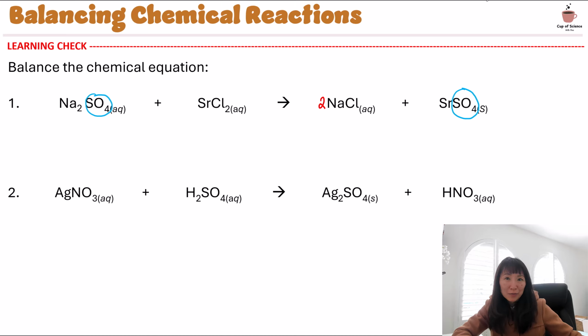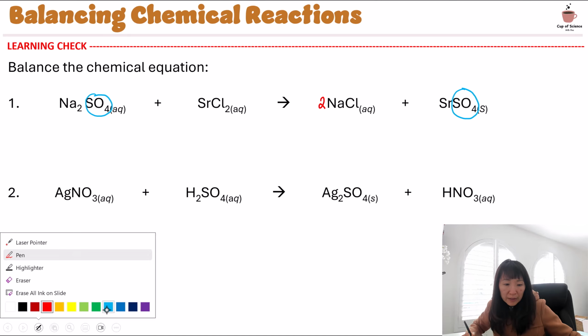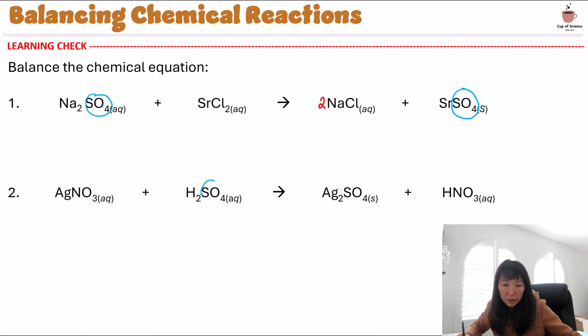Now for the next one. Looks even more complicated. It is, because now you're going to be dealing with not just one polyatomic ion, but two polyatomic ions. To keep it consistent, I will use blue to identify the sulfate. So I'm going to go ahead and use blue right here and another blue one right here. What about nitrate?